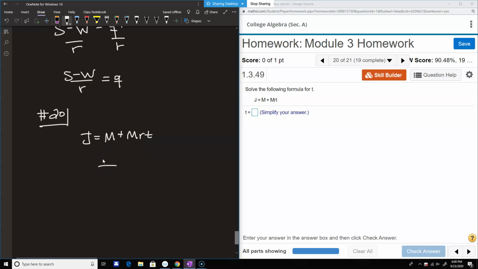We want to start by subtracting it. So J minus M is equal to M r t. And so t is being multiplied by M and r. So we need to divide both sides by both M and r. So (J minus capital M) over (capital M times r) is equal to t.